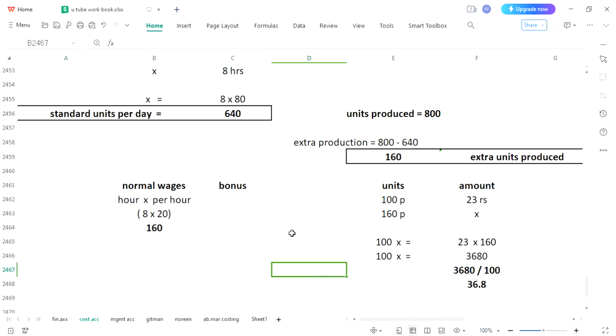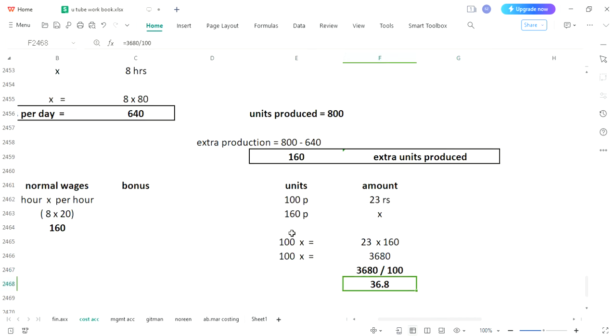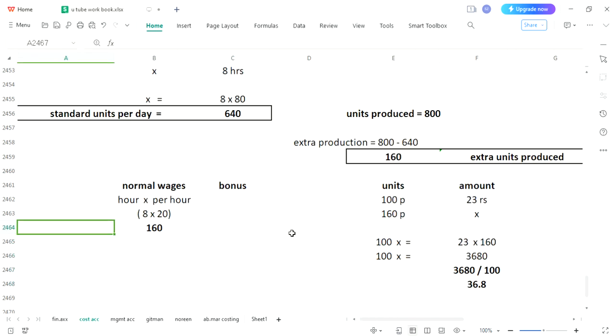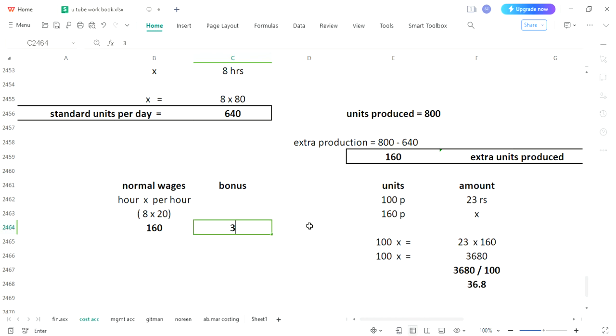For the third, we have 36.8 as bonus. Normal salary is 160. The answer we haven't calculated; this was just the bonus. 36.8 is your amount of bonus. Now total wages would be calculated. Please excuse me, I was looking at the answer even before calculating it.